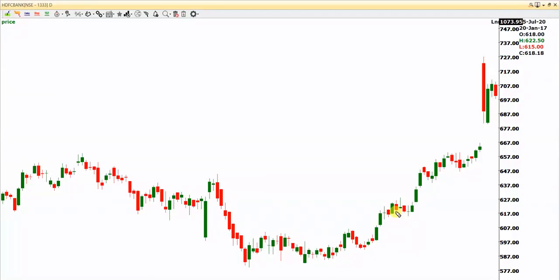Will the stock continue to move higher only for a year? So is it going to go higher, higher and higher for a phase of 1 year, 2 years? No, right?